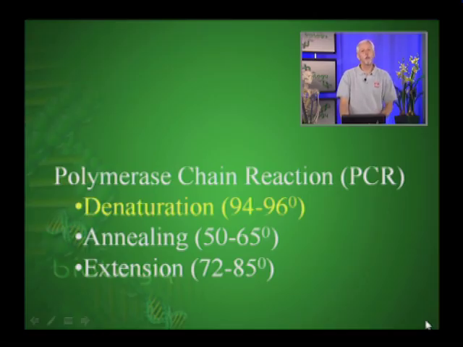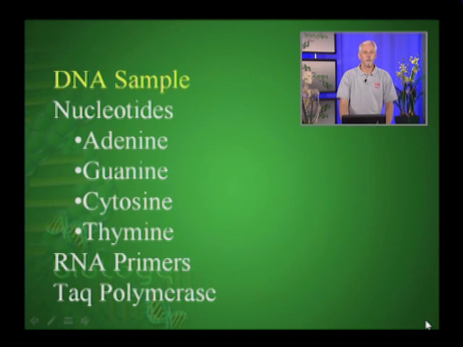Then in the cooling phase, there's initially what's known as annealing, where a short segment of RNA will recombine with the strands of DNA. And then extension is where DNA polymerase extends each strand of DNA to get us back to a two-stranded piece of DNA. So let's go ahead and look at some diagrams that illustrate this for us.